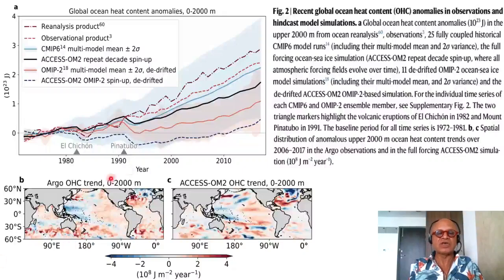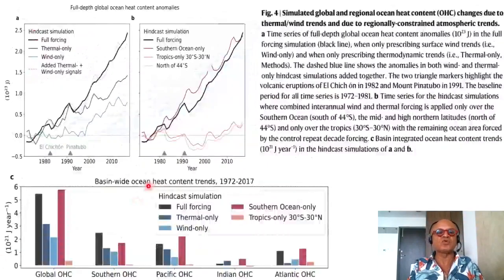Okay, and this is only looking at the top 2000 meters, so you can imagine what happens if you go to deeper depths. This is a simulated global and regional ocean heat content changes due to thermal and wind stress and due to regionally constrained atmospheric trends.